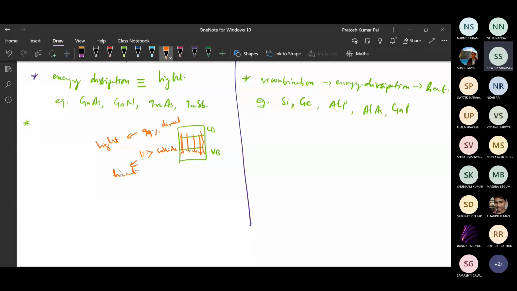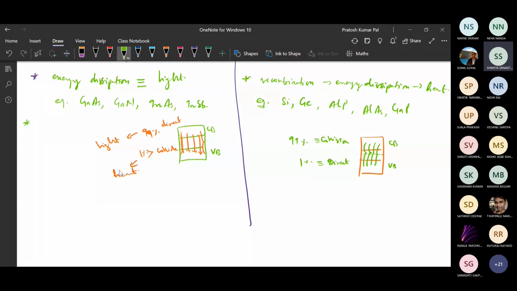So here there is an intermediate level, this is the conduction band, and this is the valence band. 99% will go with the collision, and 1% will be a direct transition from conduction band to valence band, but 99% will be colliding.